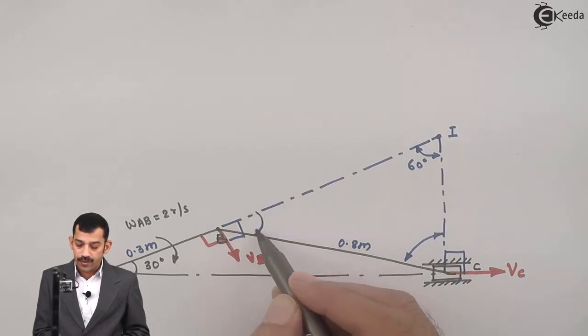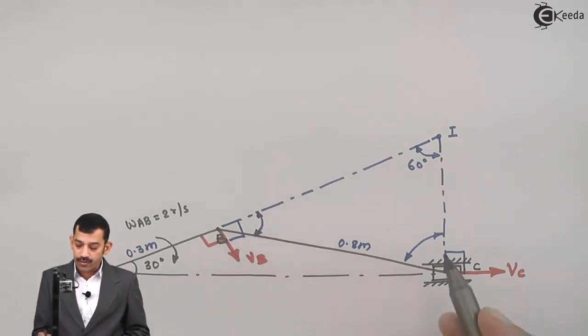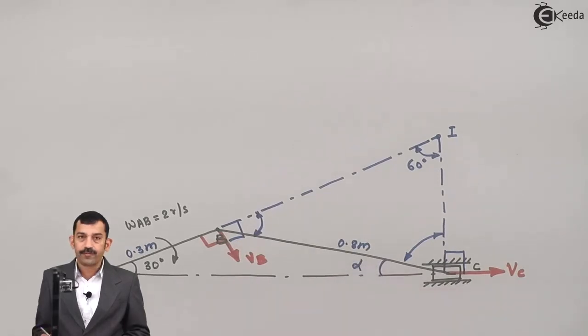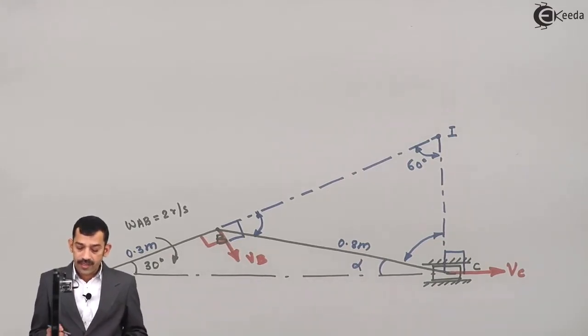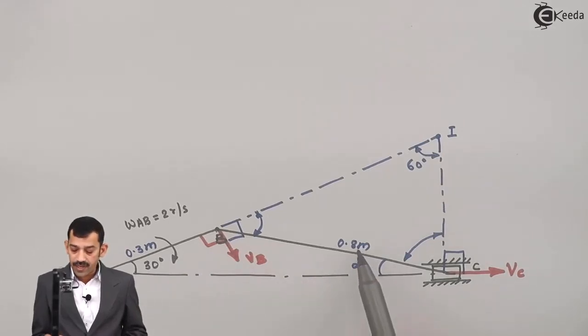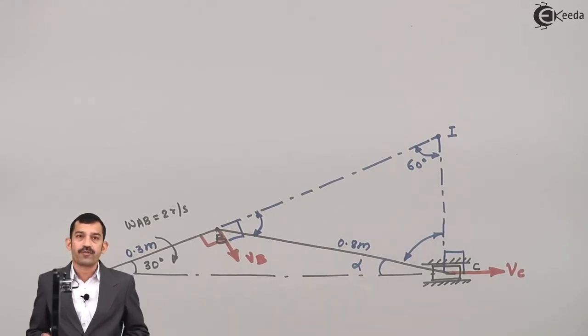We get the third angle, but for that you must know the inclination of BC with the horizontal, say angle alpha. To find angle alpha, in triangle ABC we can use the sine rule. One length, AB, is known and its opposite angle is to be found. In the other pair, length BC of 0.8 is known and its opposite angle is known, so angle alpha is possible.